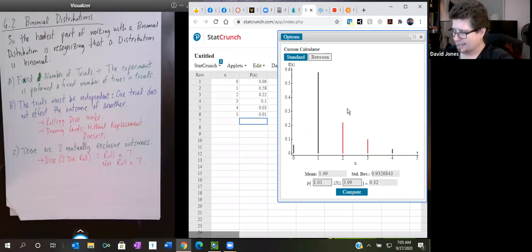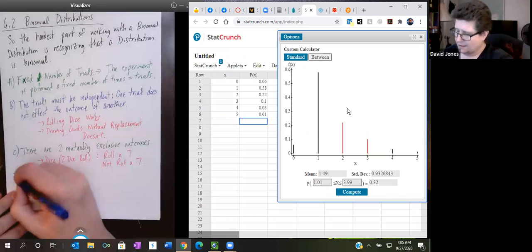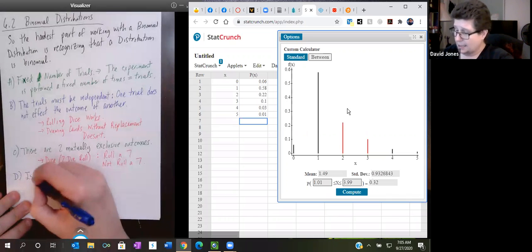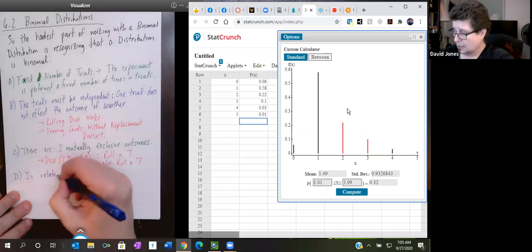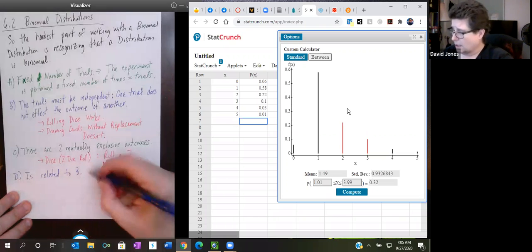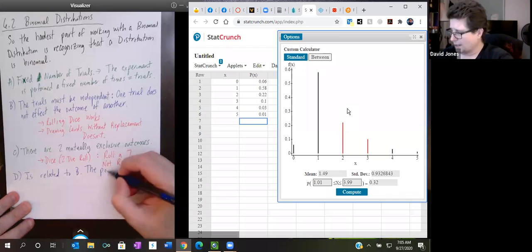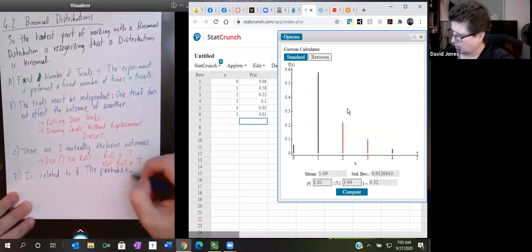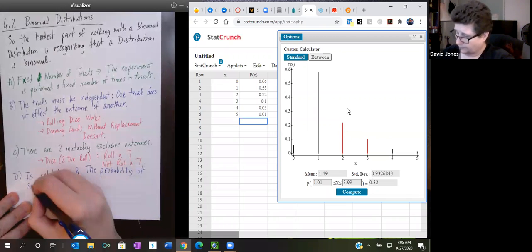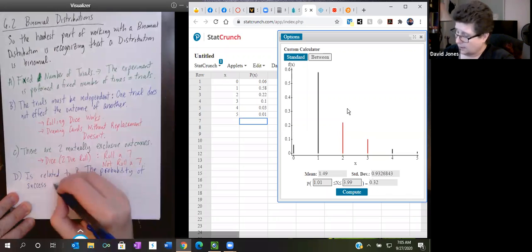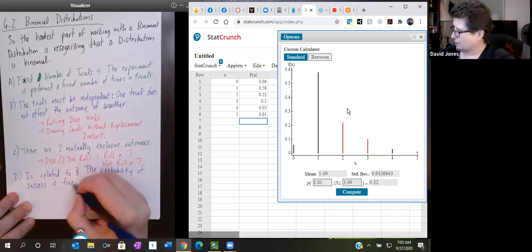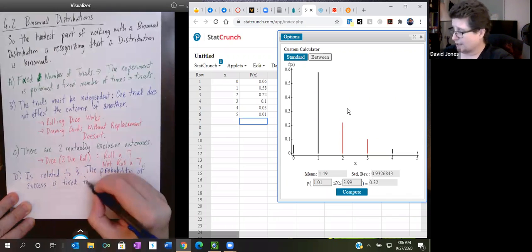And finally, D is related to B. The probability of success is fixed between trials. Fixed for each trial.